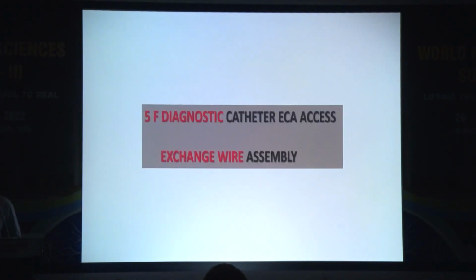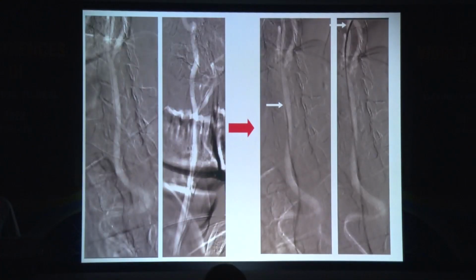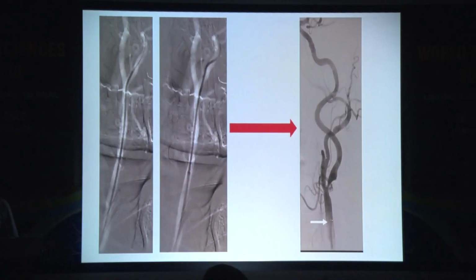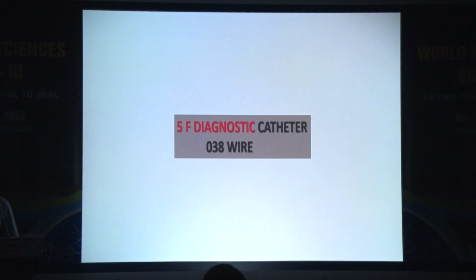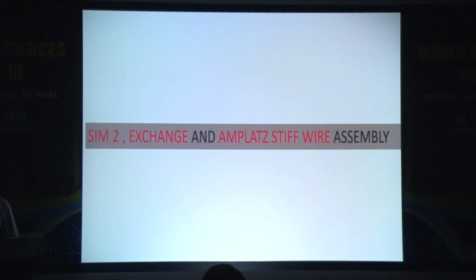Sometimes, if the guiding sheath is not tracking because of the tortuosity, we can use a stiffer wire, an 038 wire, instead of a 035 wire. Like in this case, we used an 038 wire. Sometimes we may also have to use a SIM2 catheter and an exchange or Amplatz stiff wire assembly.